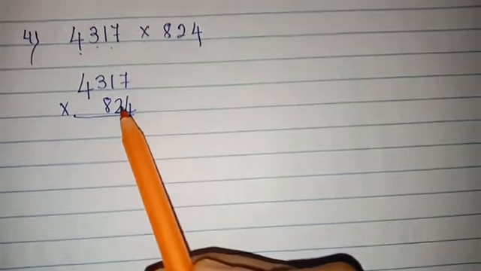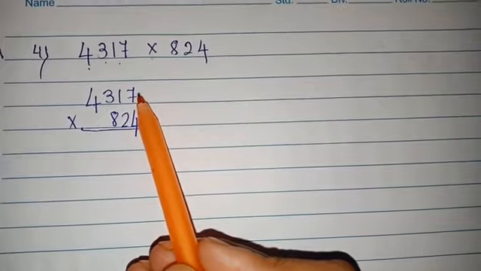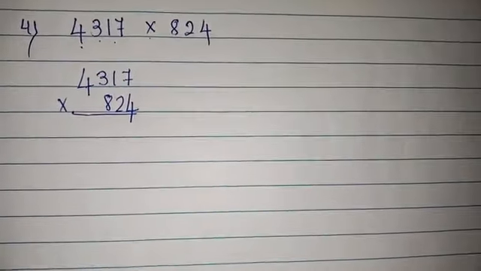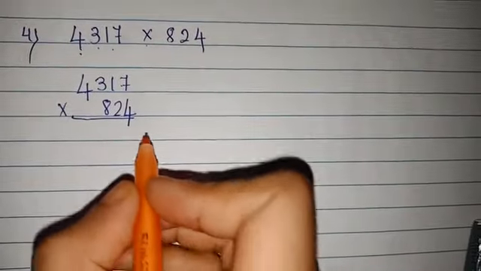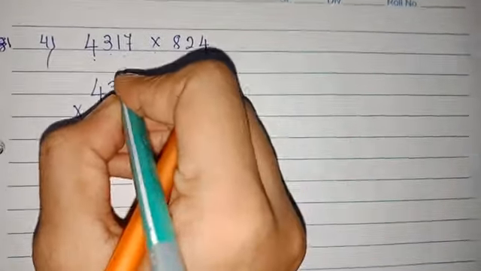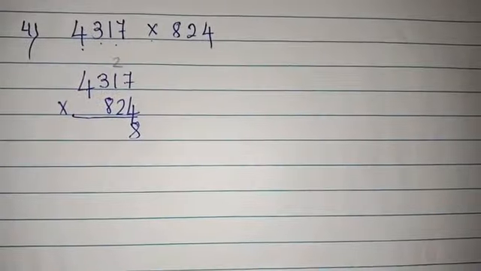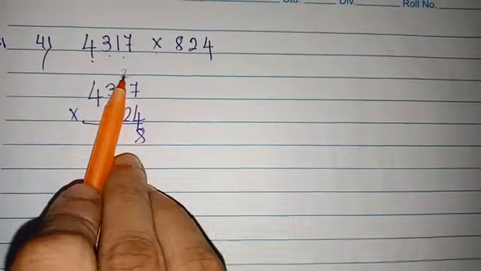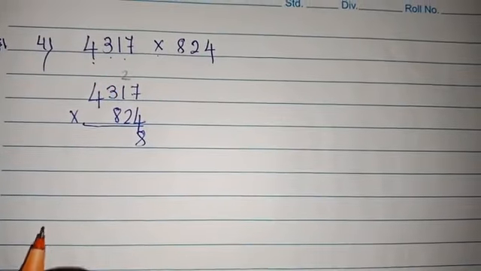Okay, so 4 sevens are 28, so 8 will come here and carry forward 2. Done. Now 4 ones are 4 plus 2, 6.